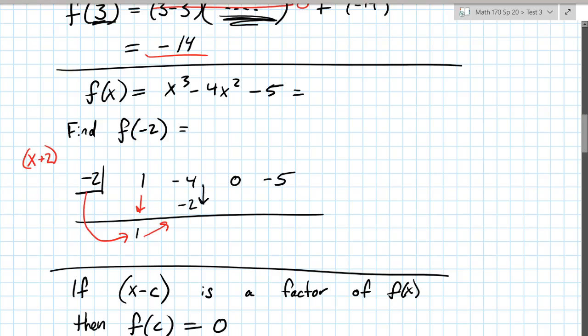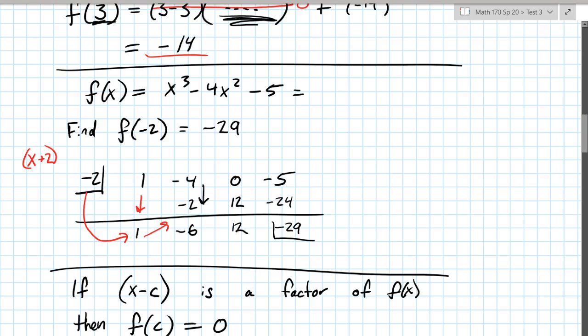Negative 2 minus 4 is negative 6 times the negative 2 is 12 plus 0 is 12 times the negative 2 is negative 24, and negative 5 minus 24 is negative 29. So that means f of negative 2 is negative 29.